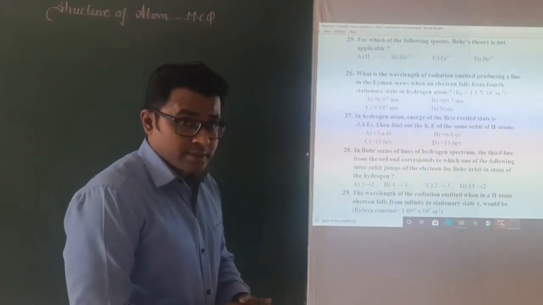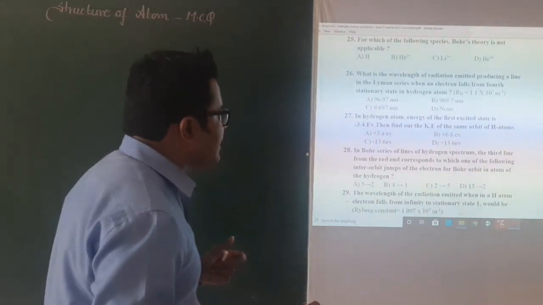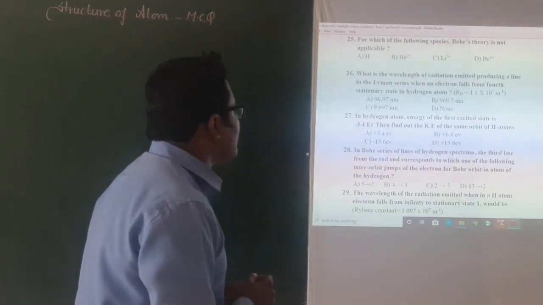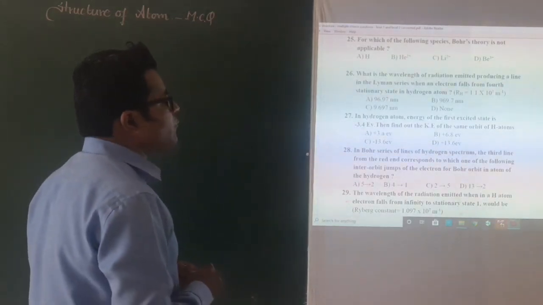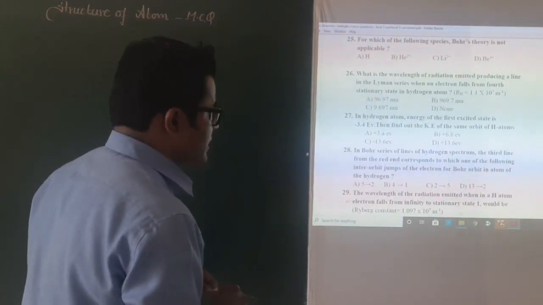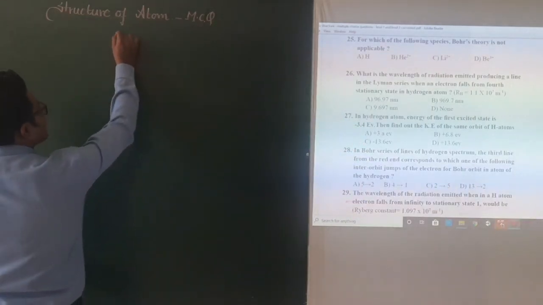Question number 26. What is the wavelength of radiation emitted producing a line in the Lyman series when the electron falls from the fourth stationary state in the hydrogen atom? Okay, so they are saying that it is a Lyman series.